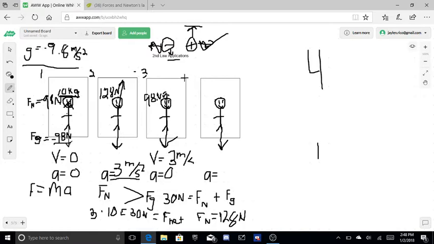And now let's move on to stage 4, where this person's elevator is slowing down. So it's decelerating at negative 3 meters per second squared.